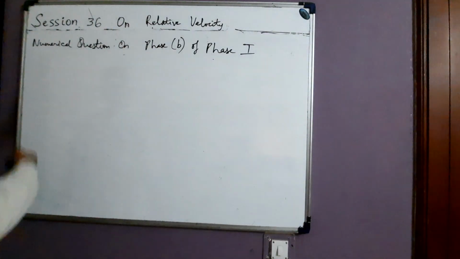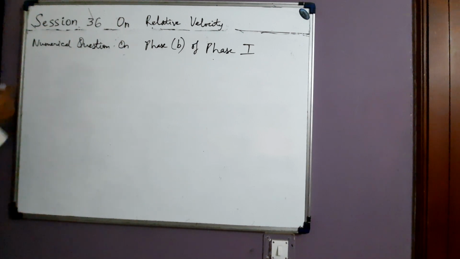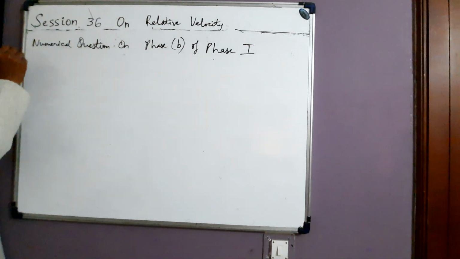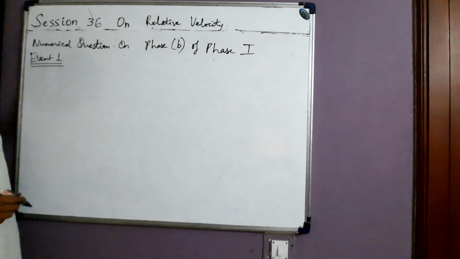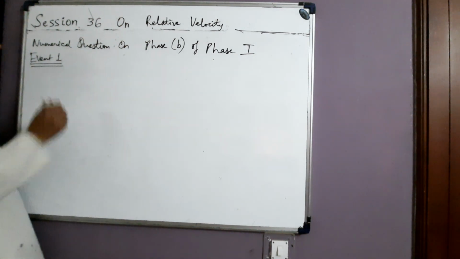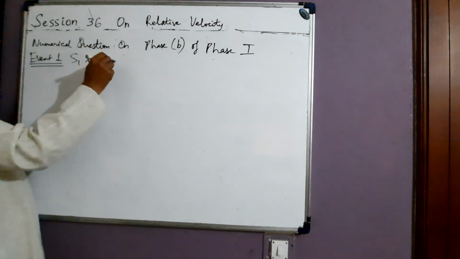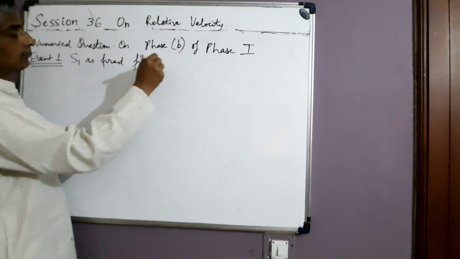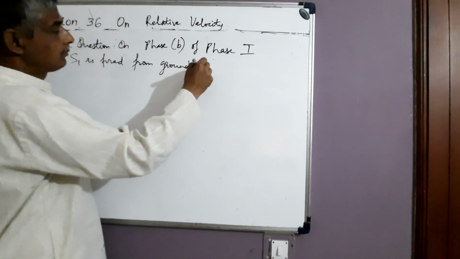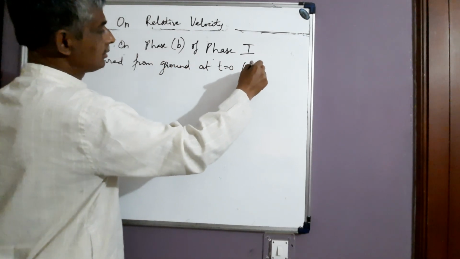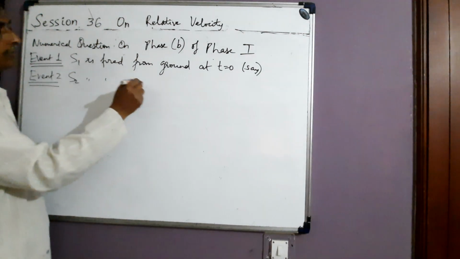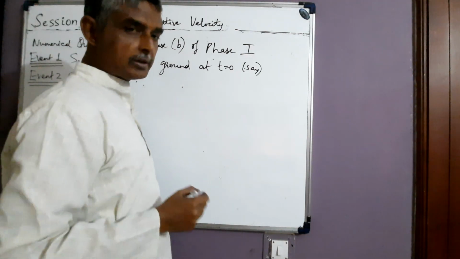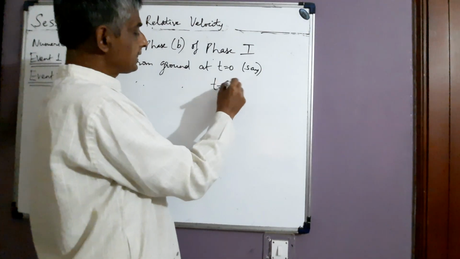Fine. So I'll first draw the diagram. In this case again there are three events. Event 1: shell S1 is fired from the ground, say at time t equal to 0. Then event 2 takes place: S2 is fired from the ground from the same point O in the same vertical plane with the same initial speed at t equal to capital T, which is given.